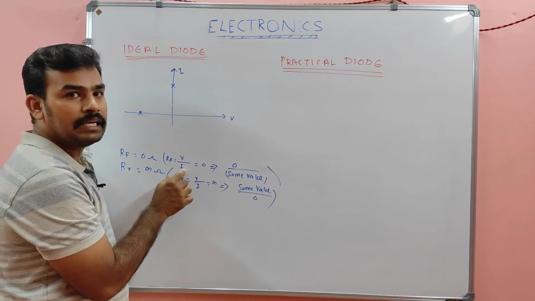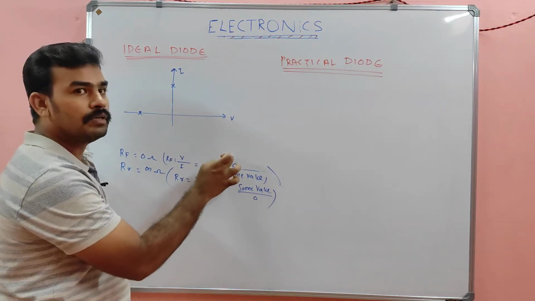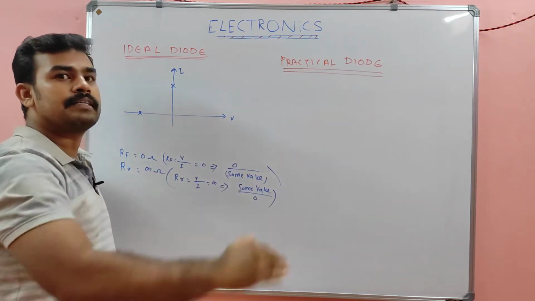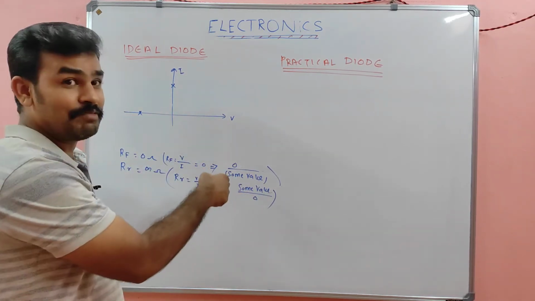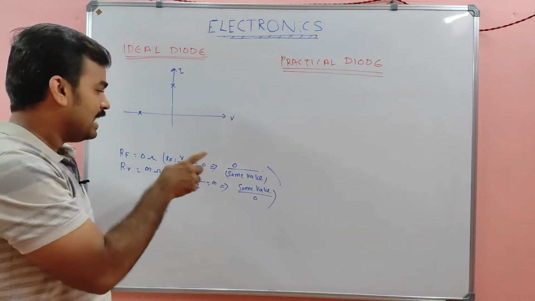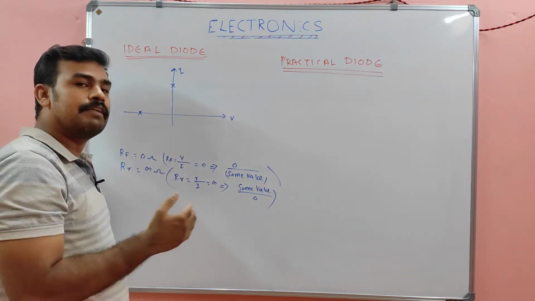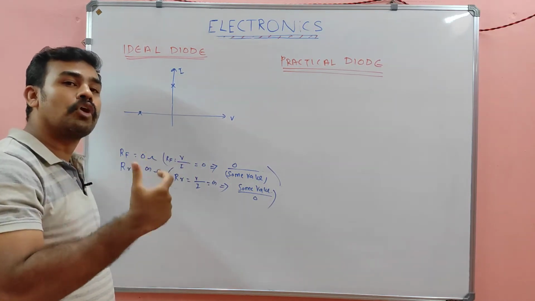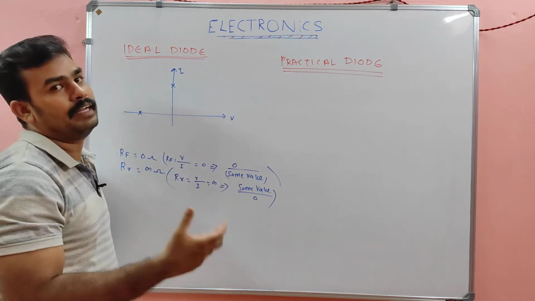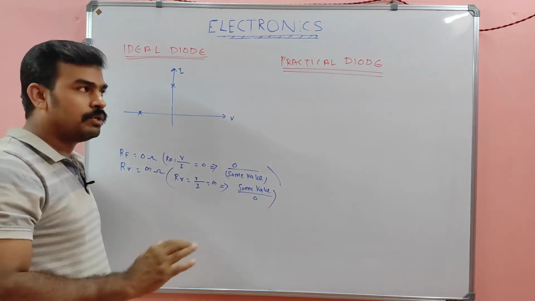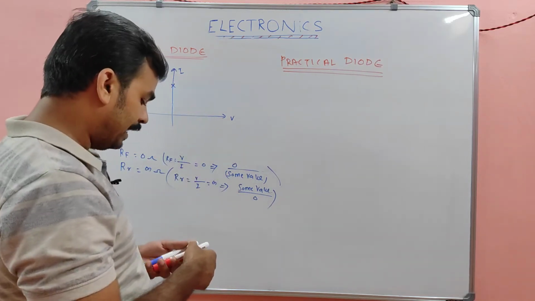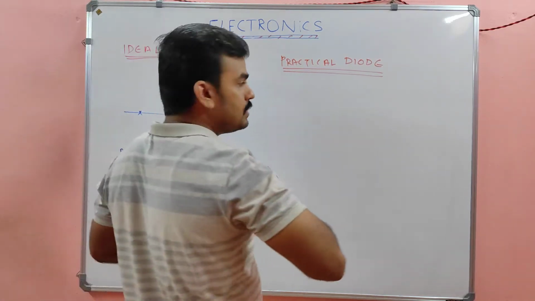V by I, where that V is nothing but 0 volt. That means in forward biased condition there will not be any drop across the diode. In other words, in forward biased condition there will not be any voltage drop across the potential barrier or across the diode. Is it clear?